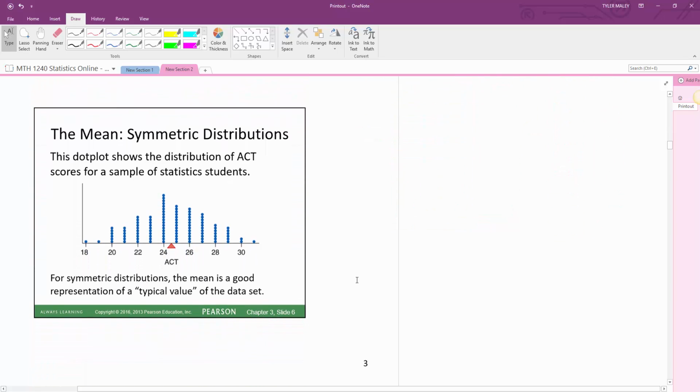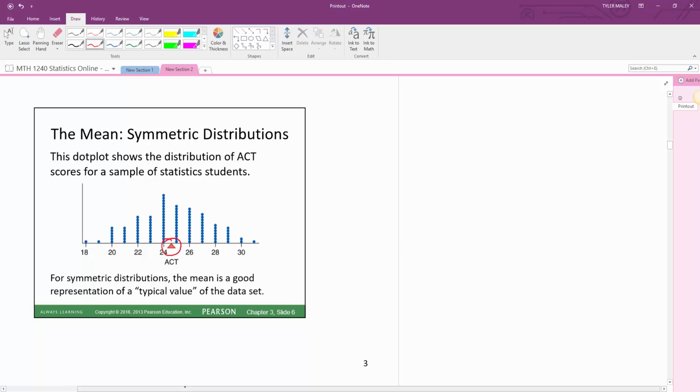So on this slide, we have a symmetric distribution. The diagram there is a dot plot, and it's showing the distribution of ACT scores for some sample of statistics students. One note here is that for symmetric distributions, the mean is a good representation of a typical value of the data set. You can see this triangle here.